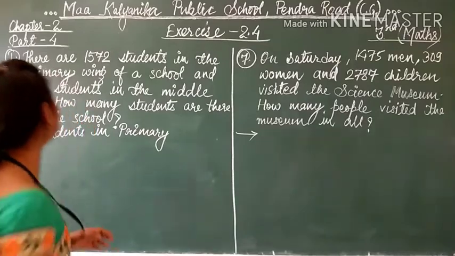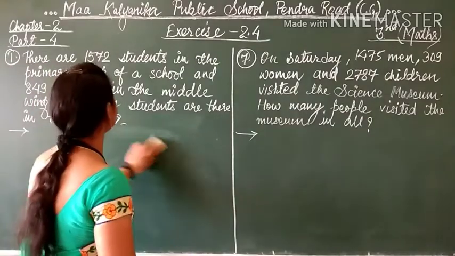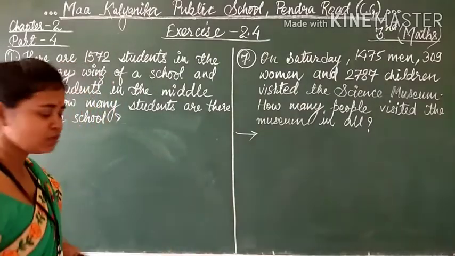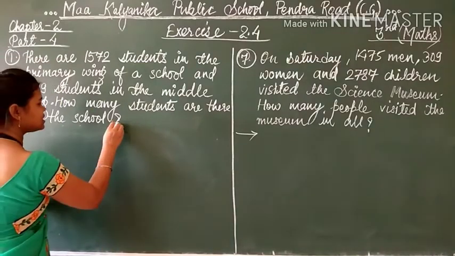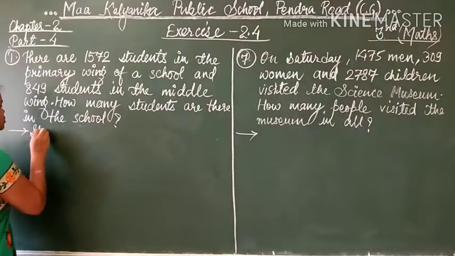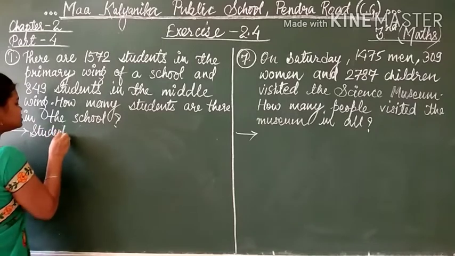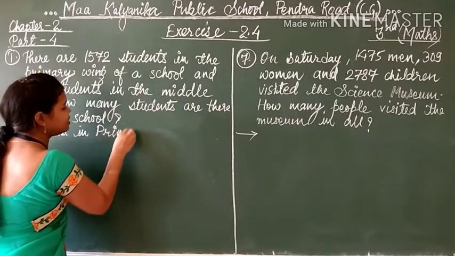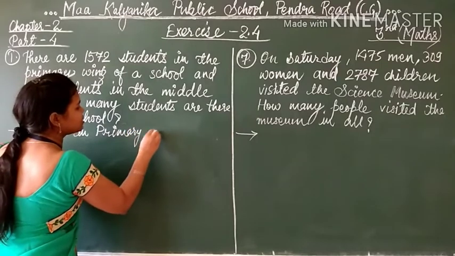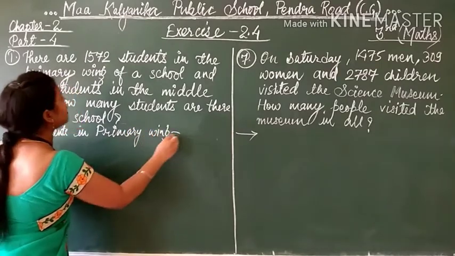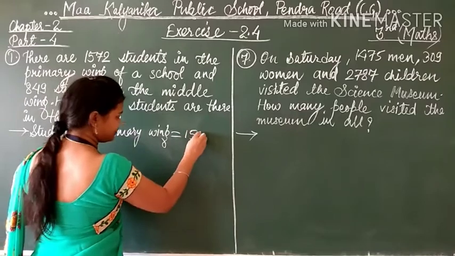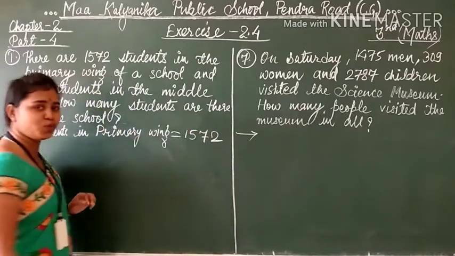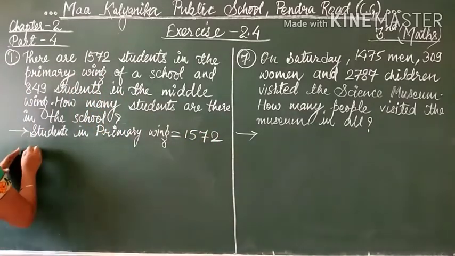I have to write smaller so that it can be accommodated in this line. So, students in primary wing, how many are there? 1572. Okay.